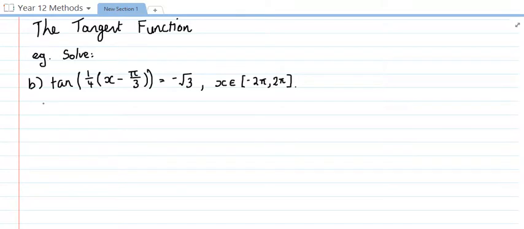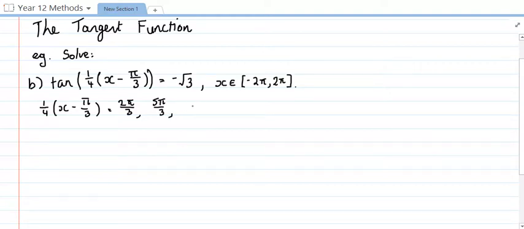So what I'm going to do is write that this angle, the 1 on 4 bracket x minus pi on 3, is equal to, so the second quadrant equivalent of pi on 3 is 2 pi on 3, and the fourth quadrant equivalent would be 5 pi on 3. And I should also consider some negative options.